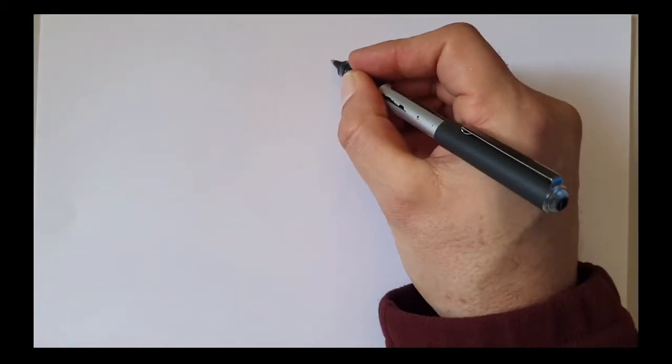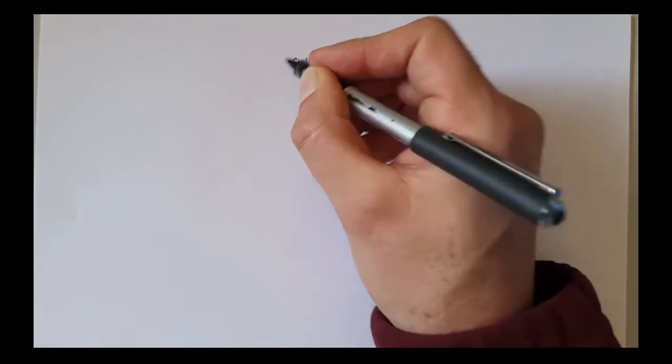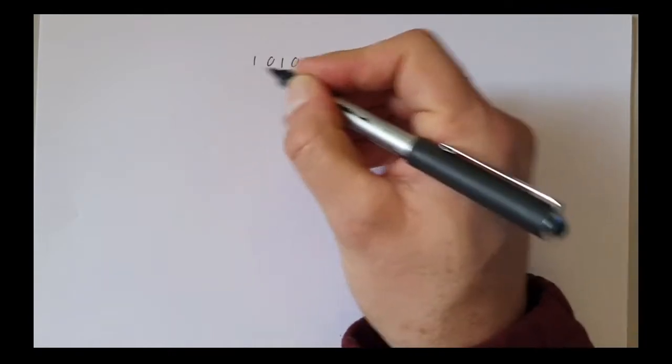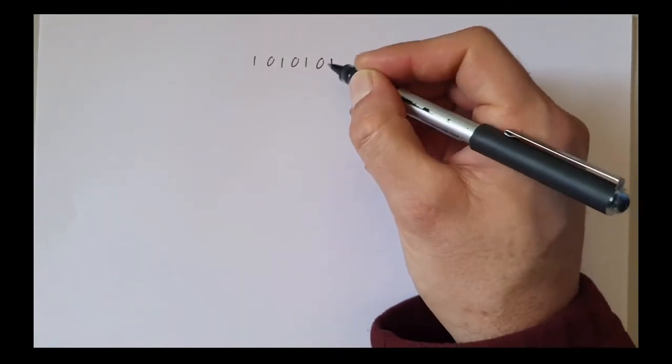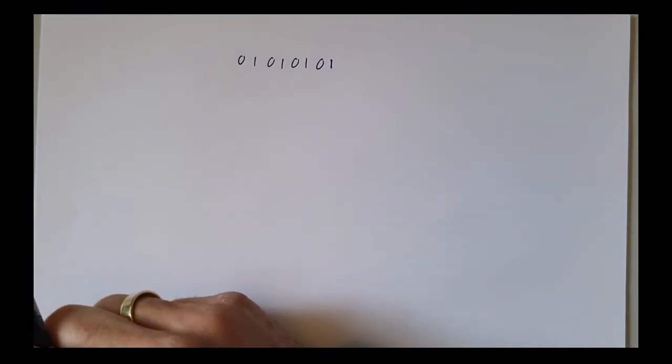In the truth table, you already saw how to convert a binary number to a decimal number. So let's do it again. For example, we have the number 1, 0, 1, 0, 1, 0, 1. And we always fill up to the next byte, so 8 bits, with zeros. So these are 8 bits.